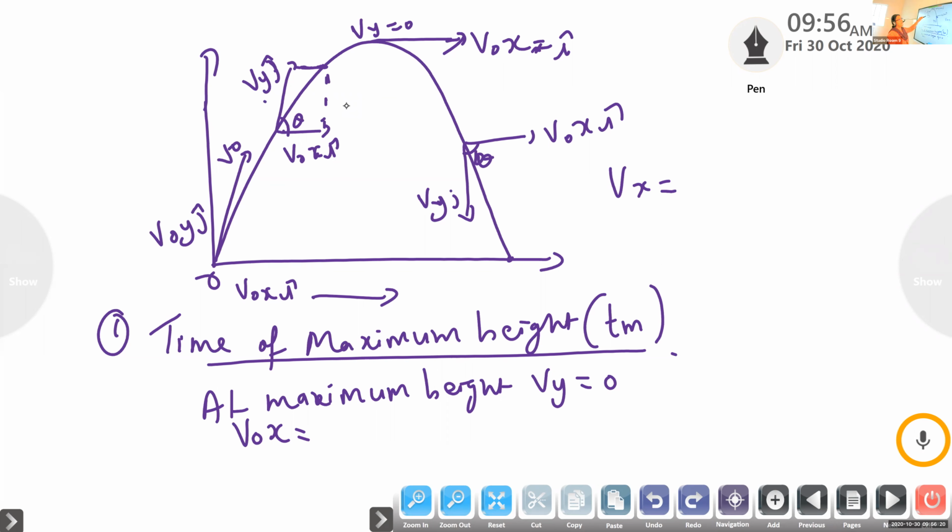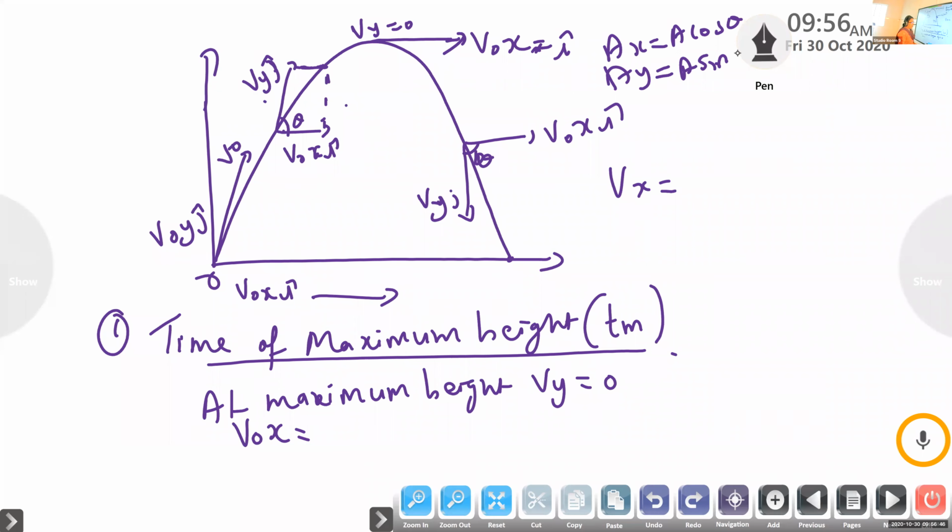So on that basis, in the previous topic, we have written ax is equal to a cos theta, ay is equal to a sin theta. So we are going to use that one. We are not going to derive that. Instead of a, we just substitute v. Vx, Vy, that's it what we are going to do. Okay.